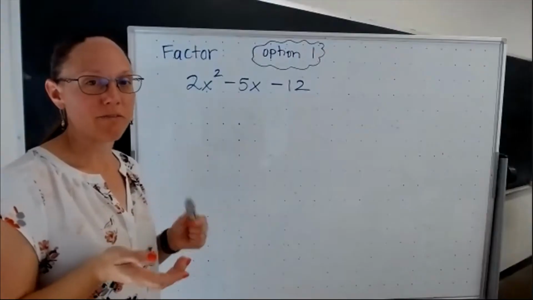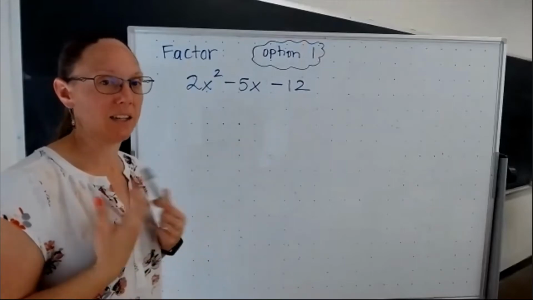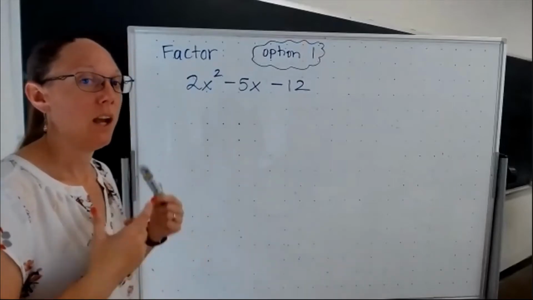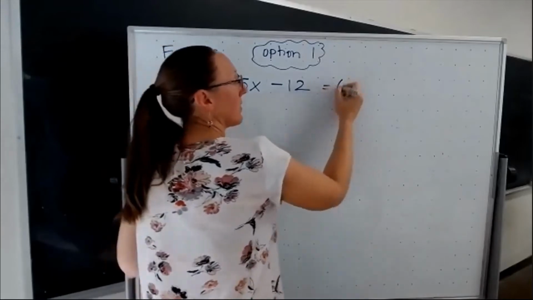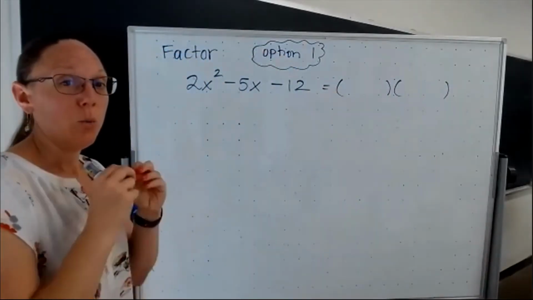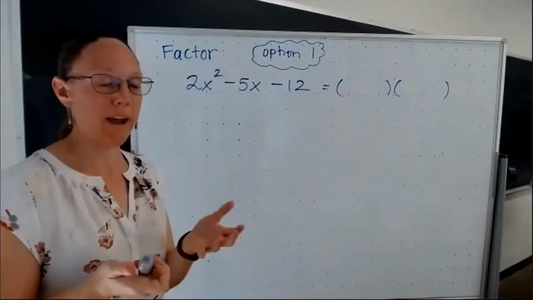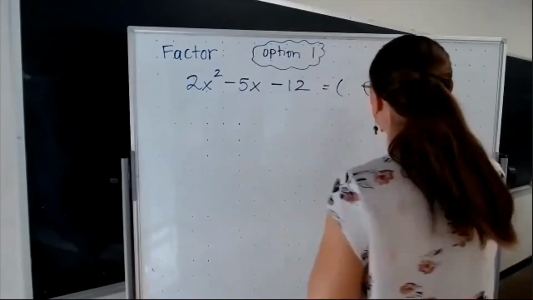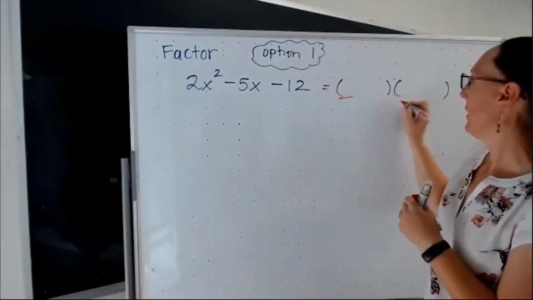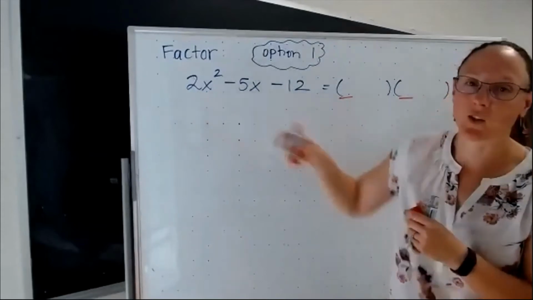So option 1 for factoring this is to start off the same way that I did in that previous problem. I want this thing to equal something times something else. Well, if we think about how this multiplication is going to distribute out, this times this is going to have to give me that 2x squared.